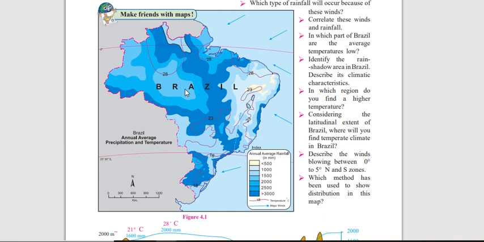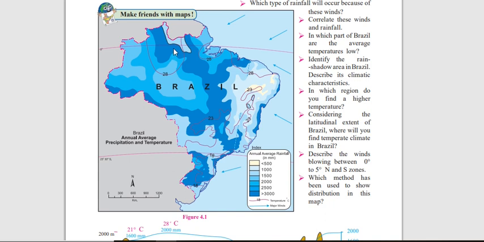Area-wise, Brazil is the largest country in the northern part of the continent of South America. The equator passes through the northern part of Brazil, and the Tropic of Capricorn passes through the southern part of Brazil. Some parts of Brazil lie in the northern hemisphere, that is above the equator, but most of it lies in the southern hemisphere.